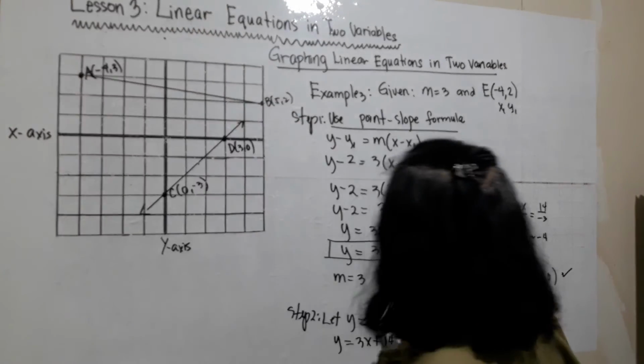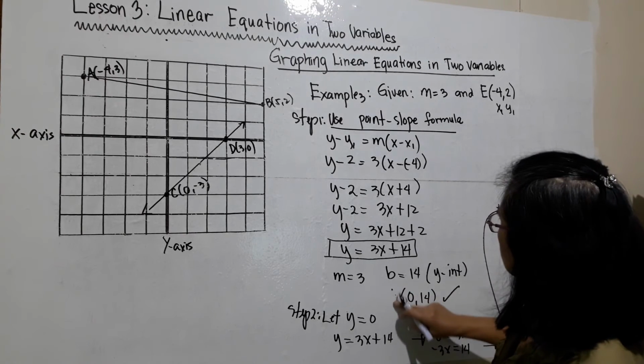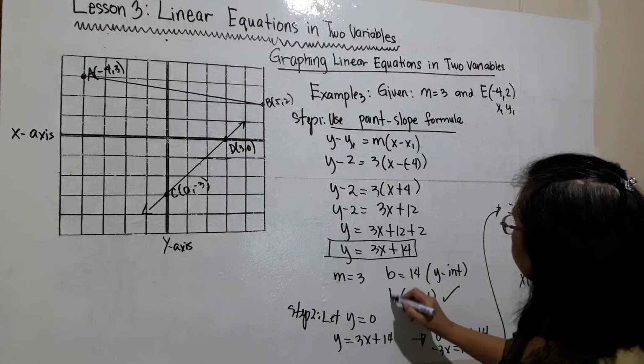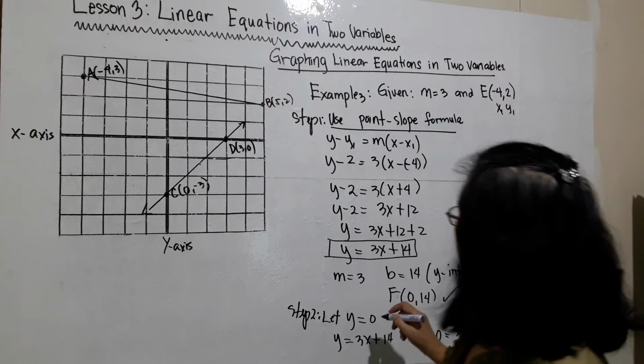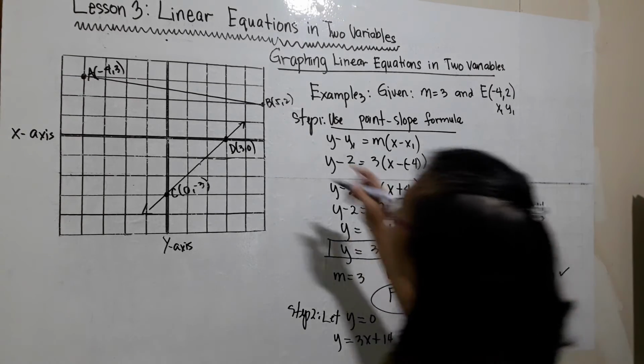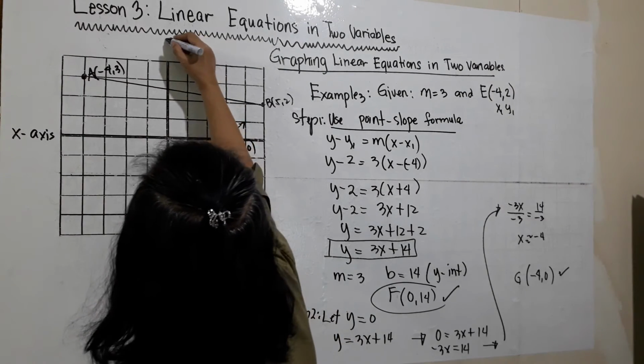Okay, let's label this as point F and point G. Point F should be 0 and 14, somewhere here.